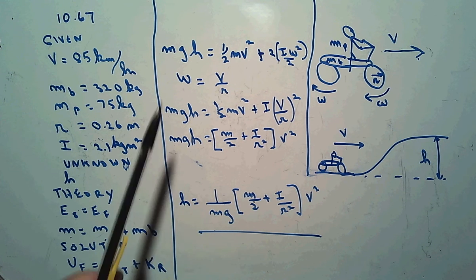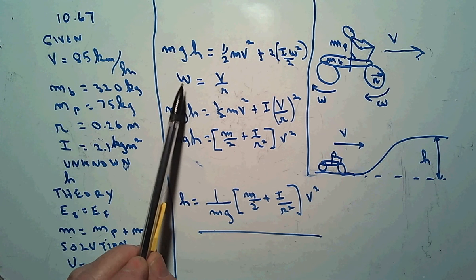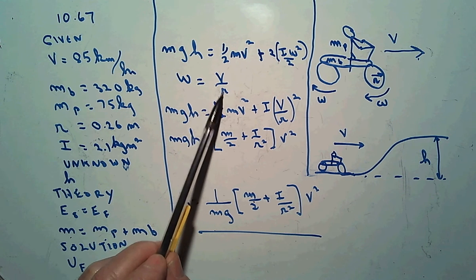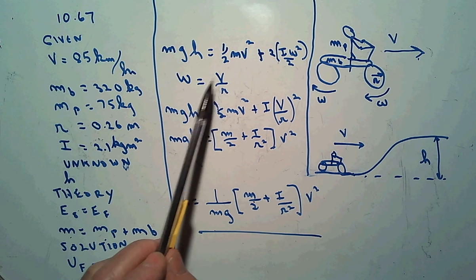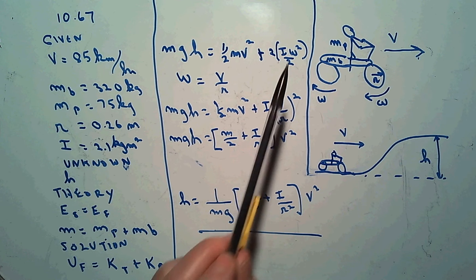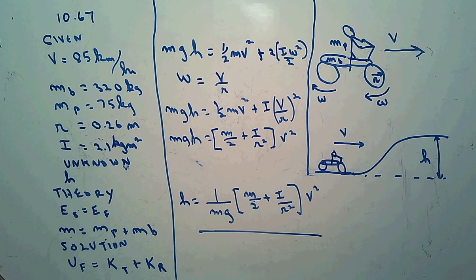And remember, since this is rolling without slipping, omega is related to the velocity in this manner right here. So we can take this expression right here and replace it for omega squared, and that's what I've done right here, keeping everything else the same.